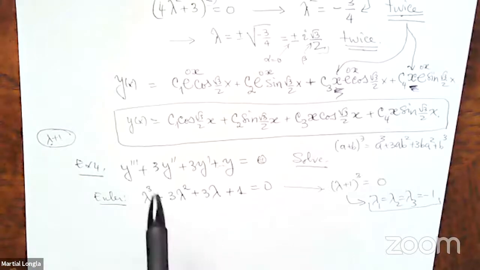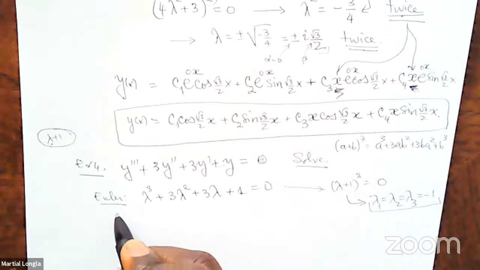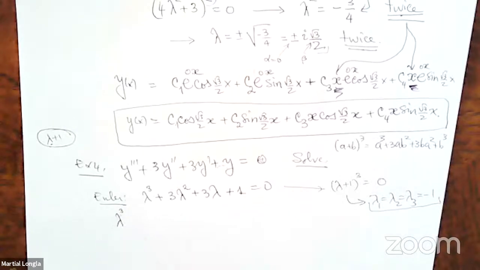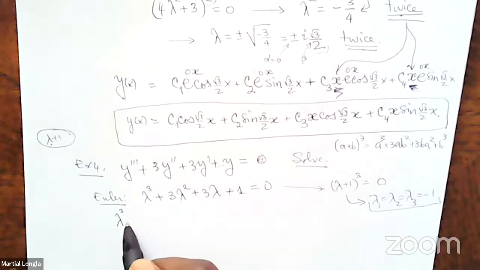I say, look at this thing and group the terms 2 by 2 starting from the left, making sure that from each of them you can factor out lambda plus 1. So I'm going to group terms 2 by 2 starting with lambda cubed, then following with lambda squared, but making sure I can factor out lambda plus 1.